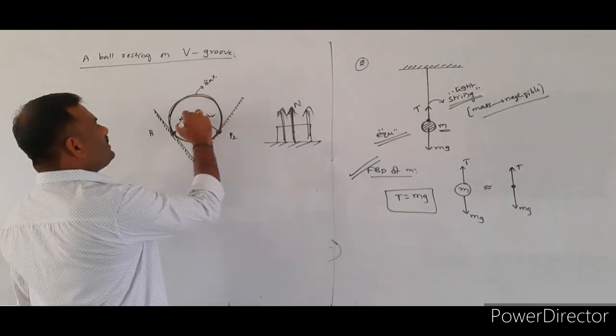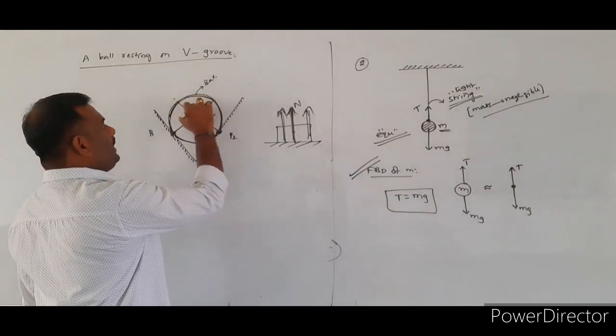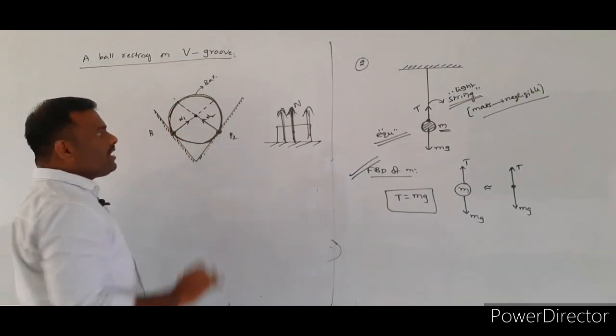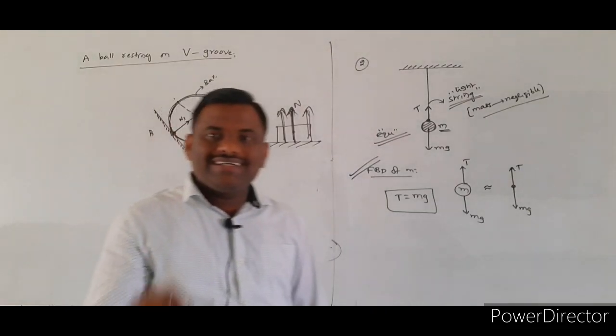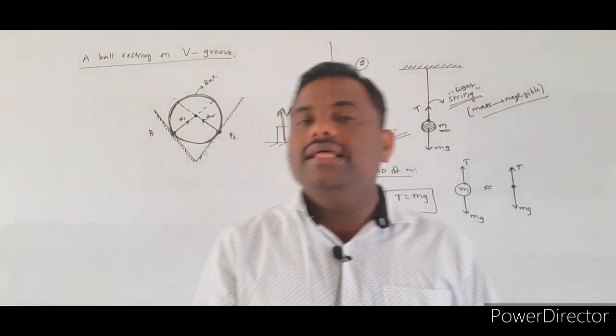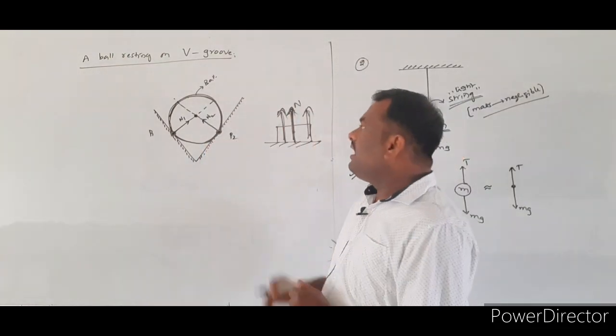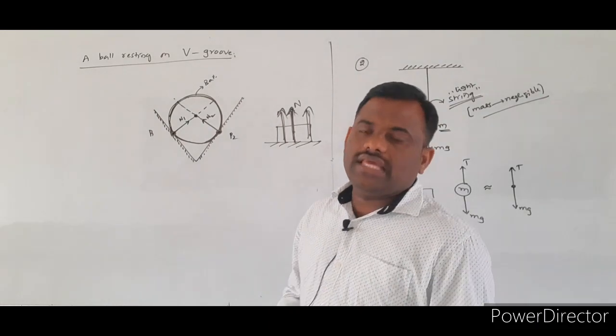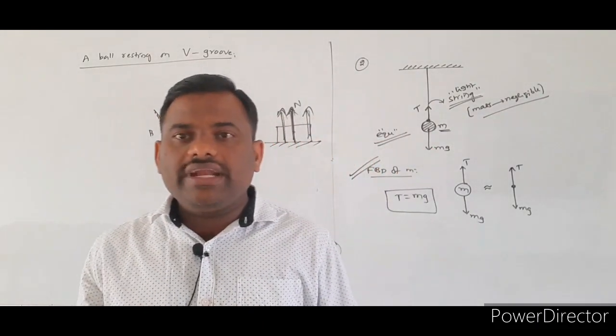So here N1, N2 will be passing through the center of the spherical shell. Like this we have to draw the FBD of different cases.